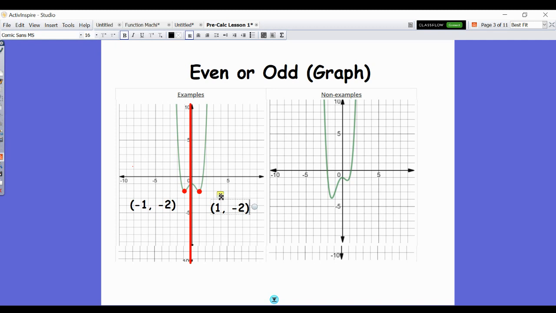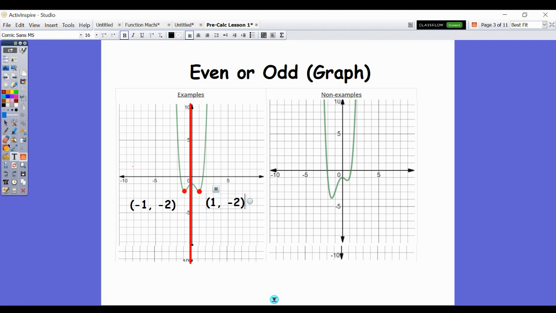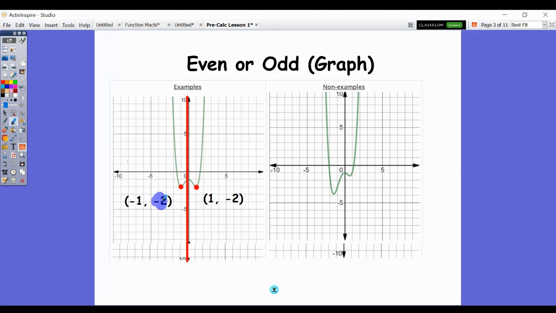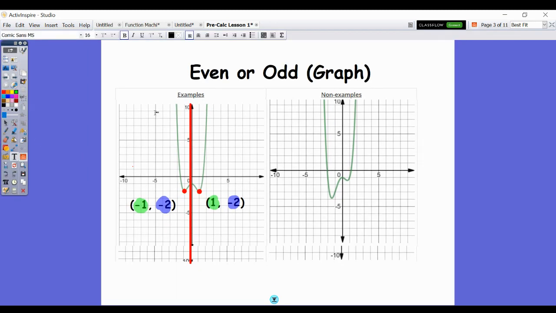So a very special relation happens when we're looking at even functions, and this is even functions only, is if you notice the y values are exactly the same. Oh my gosh, look, -2 and -2 are exactly the same. However, my x values are opposites, -1 and +1. So that is very important.